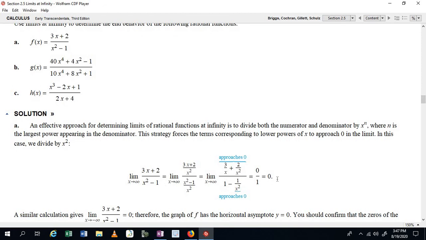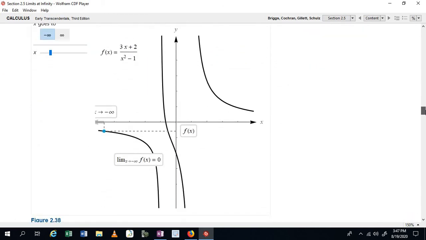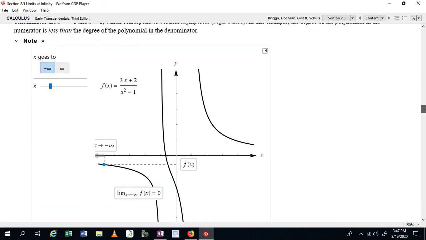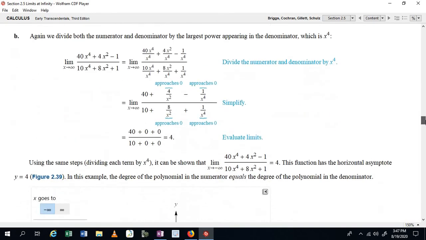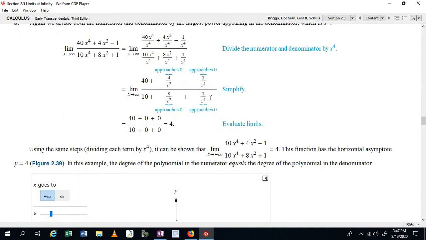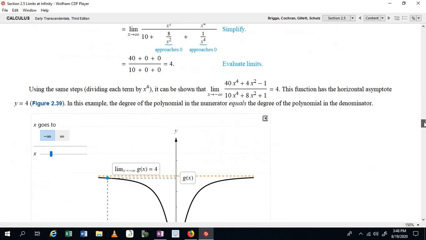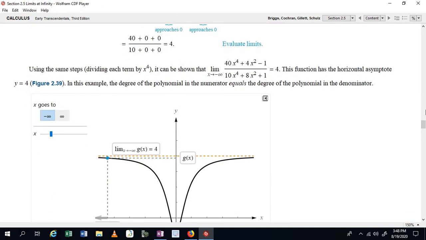We found the end behavior for this to be 0. So there's a horizontal asymptote at y equals 0 for this one. Here, the degrees are the same, and so it's going to head towards the leading coefficient divided by the leading coefficient. So 40 over 10, which is 4. And that's what happened in this case. And you get a horizontal asymptote at y equals 4.